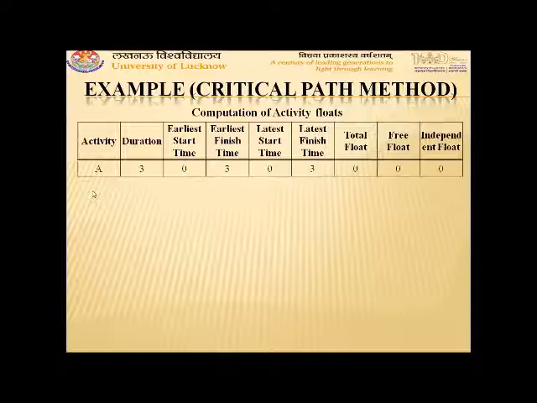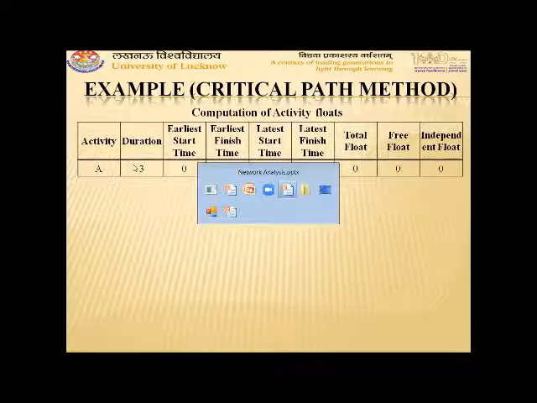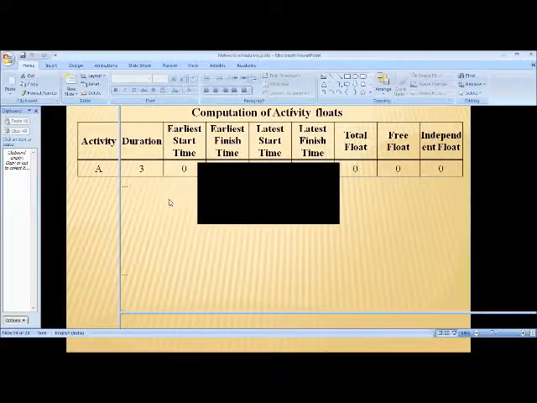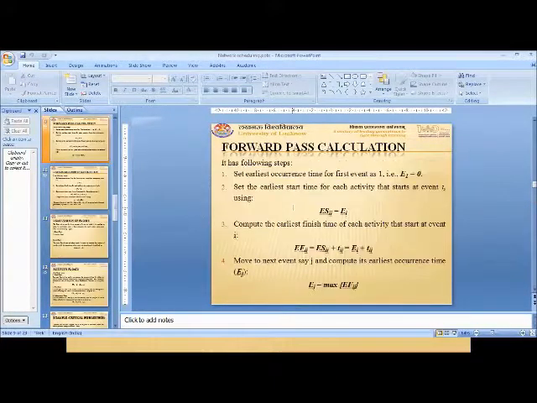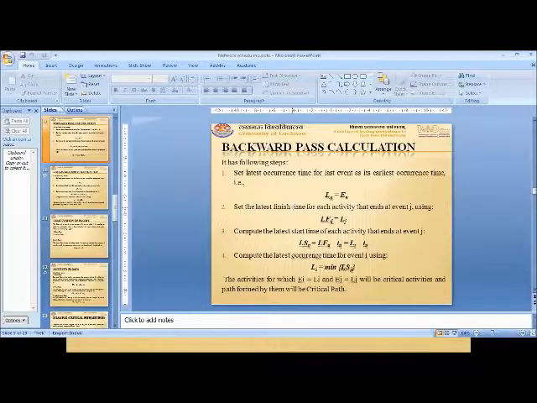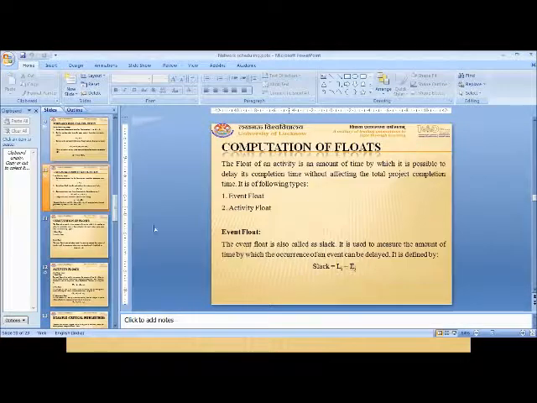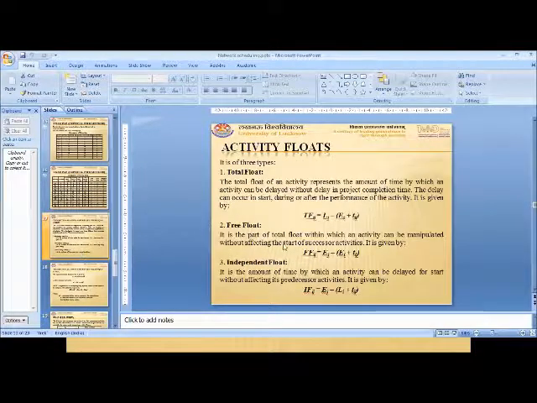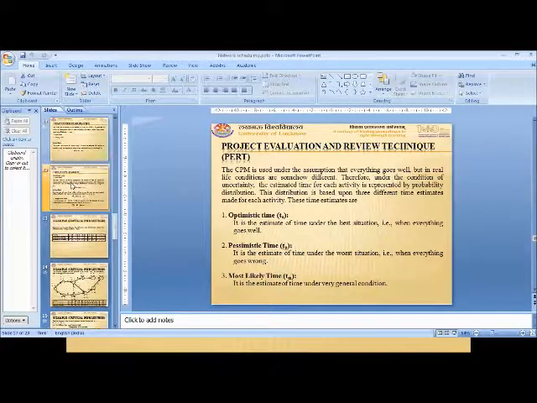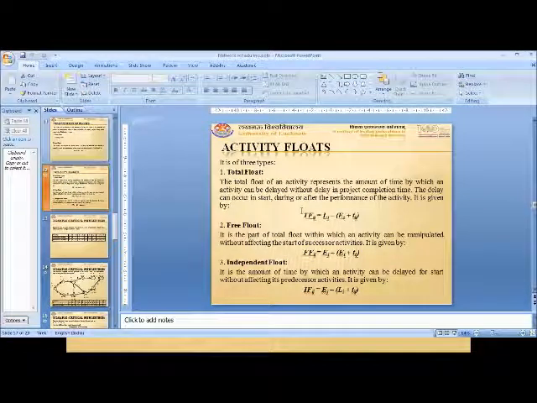Now the computation of activity float. Before going to activity float, we will go through its formulas. Here you can see the formulas for activity floats. Total float is Lj minus Ei plus Tij.